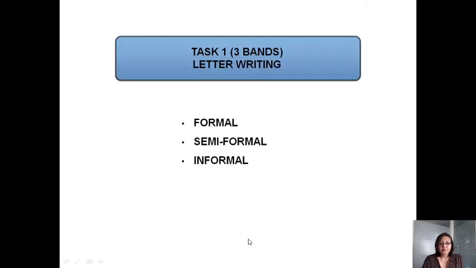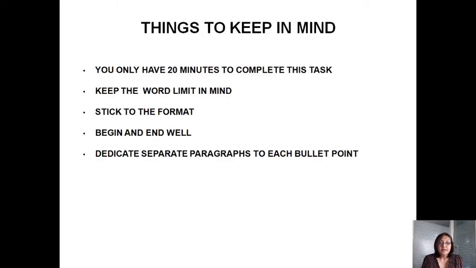Right. So there are three types of letters that we are talking about here. It can either be a formal letter that you're asked to write, or semi-formal or informal. The things that we need to keep in mind is that there is only 20 minutes for completion of this task. The word limit is at least 150 words, but it is advisable to write 170, 175 words, but no more than that.